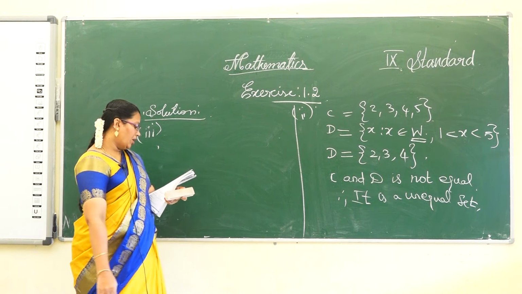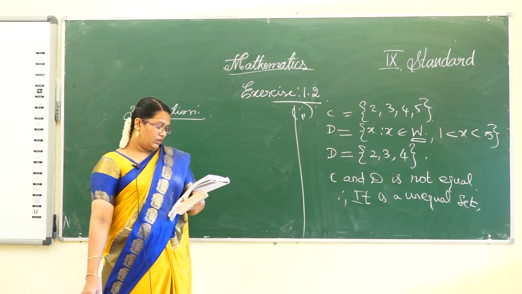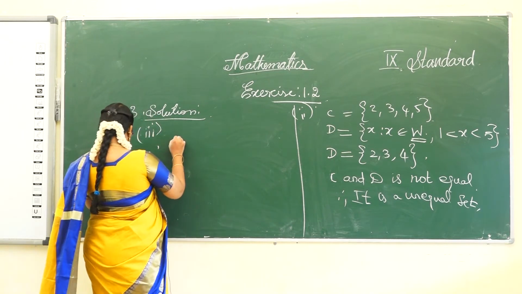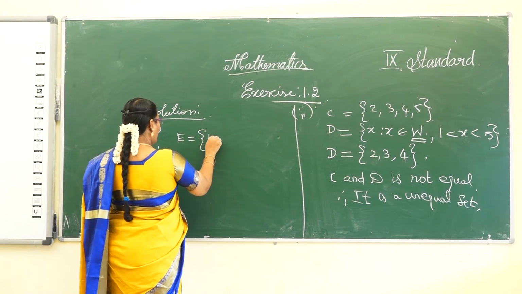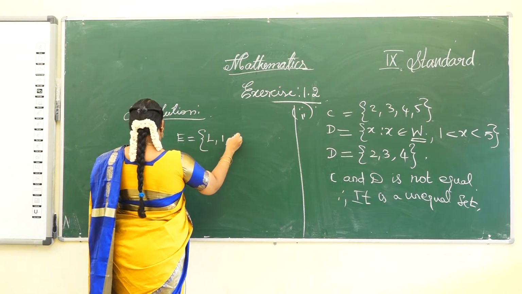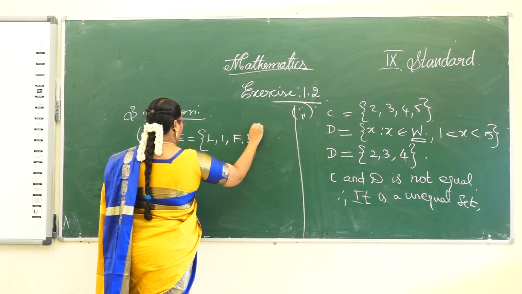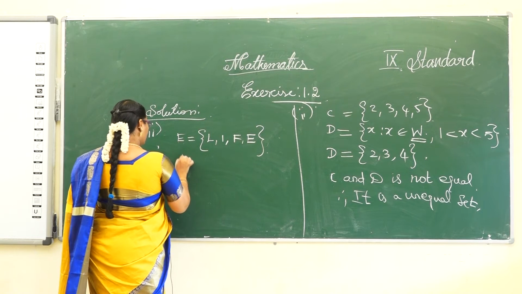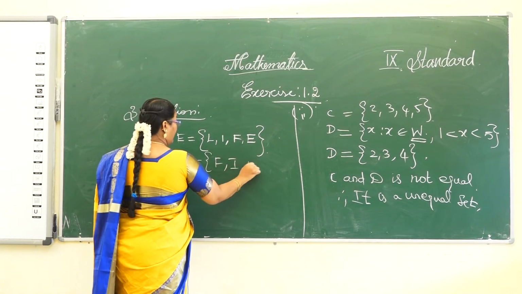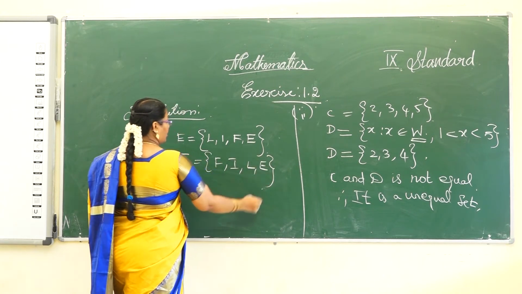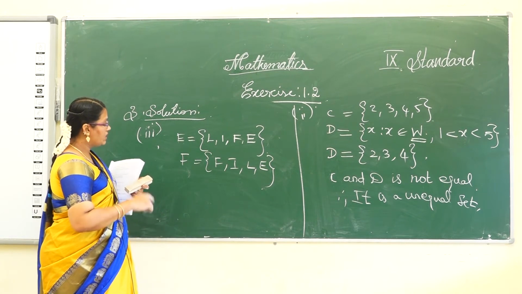And next, the third one. E is equal to the set of letters x such that x is a letter in the word life. So the number of elements in set E is 4: L, I, F, E. And next the set F is equal to F, I, L, E. Here the number of elements are equal in both sets, and the elements are also the same.